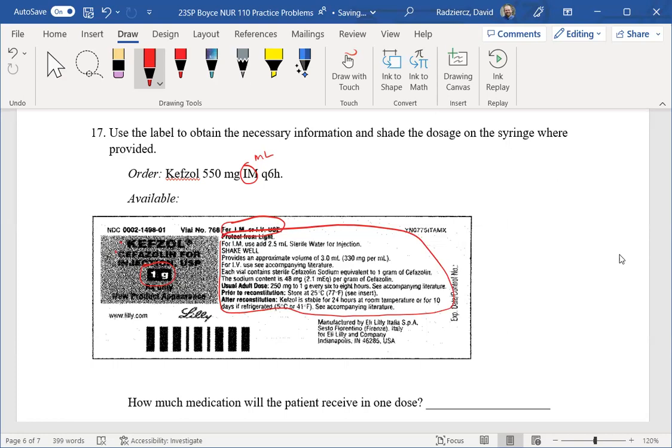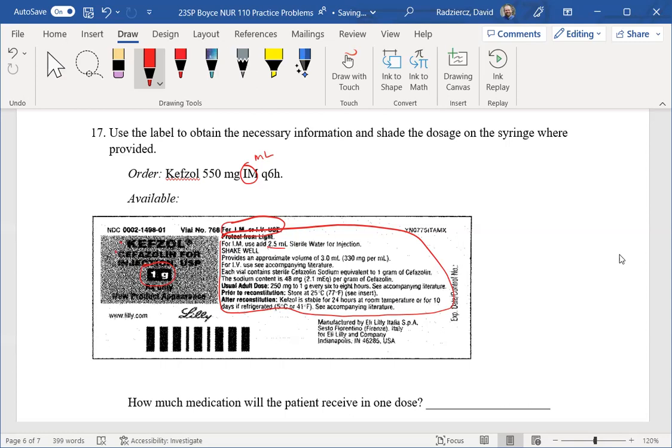When we look at this, I know it's small, but you should be able to blow it up when you go to the actual sheet of these practice questions. It says for intramuscular use, add 2.5 milliliters sterile water. So it tells you to do something. Obviously, this is a math test, so you're not adding any water to anything. It's just telling you what we're going to do to prepare the injection. Then you shake it.